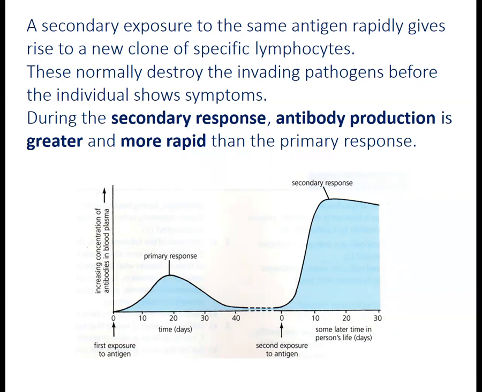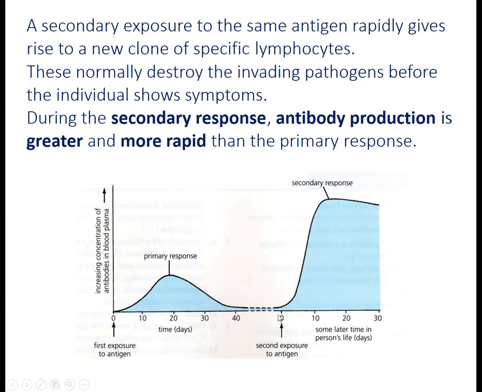So what's the benefit then of having these memory cells in your body? Well, you can see two benefits from the secondary response. If you imagine this is the second time that the same antigen has come into your body, it could be years later.